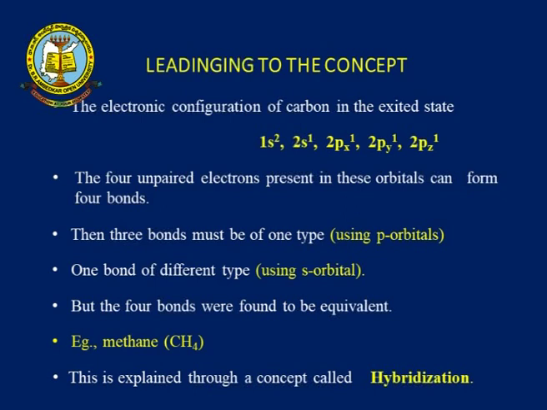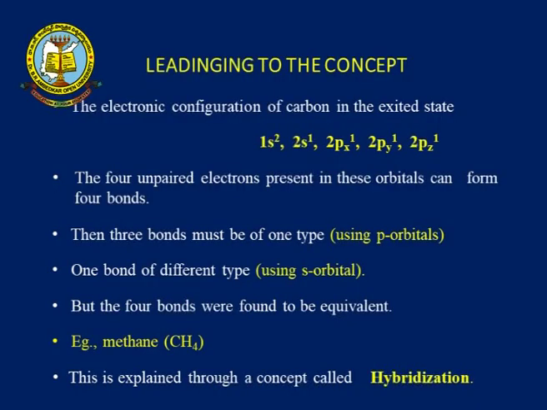That means 2 types of bonds must be present in carbon. Again, which is not true. Carbon contains 4 bonds and the 4 bonds are identical, it is practically proven. Therefore, it has to be something else.